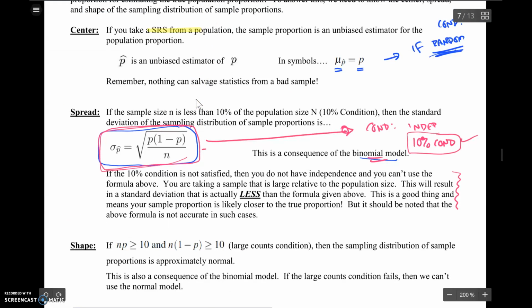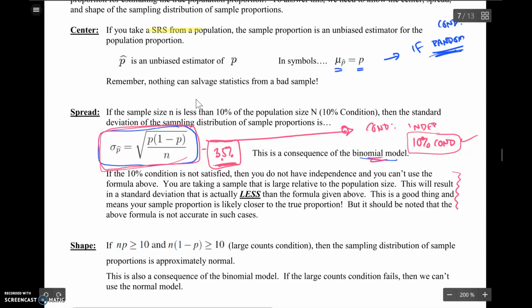If this formula gives us 3.5 percentage points for our average error, what happens if the 10% condition fails? In class I only mentioned that the formula is not a good estimate. But if you are sampling more than 10% of the population, your actual standard deviation is smaller than this.